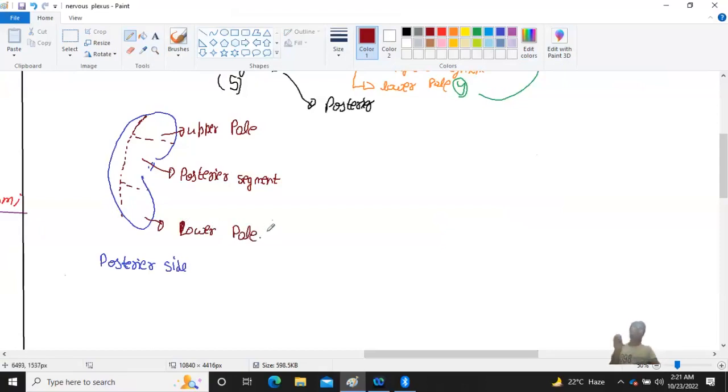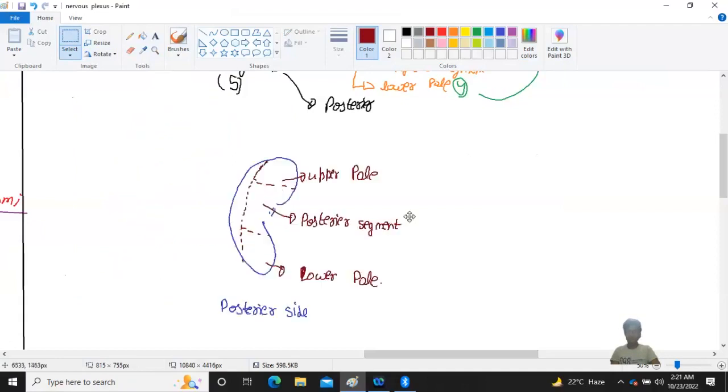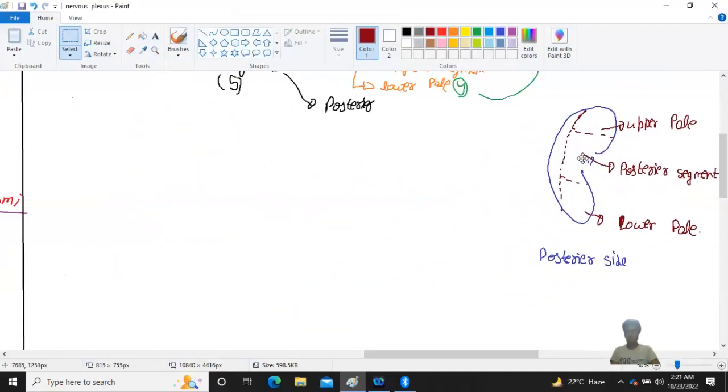Then, how the kidney is located, its orientation, is important.